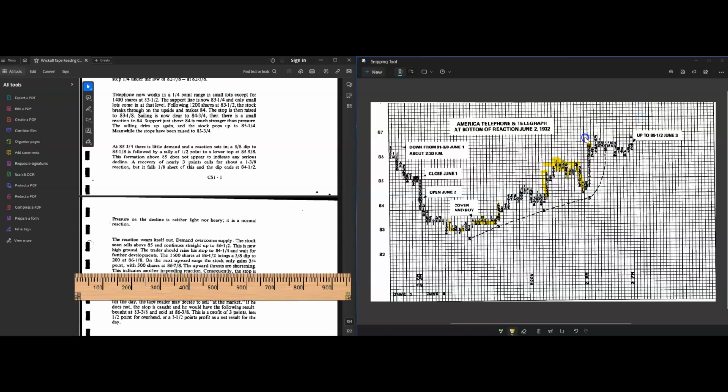So this is one of the first times he mentions one of the key behaviors, which is shortening of the thrust. He's mentioned climactic action of the 1600, but without saying it's a climax, just saying that this heavy volume has caused this pullback, right?